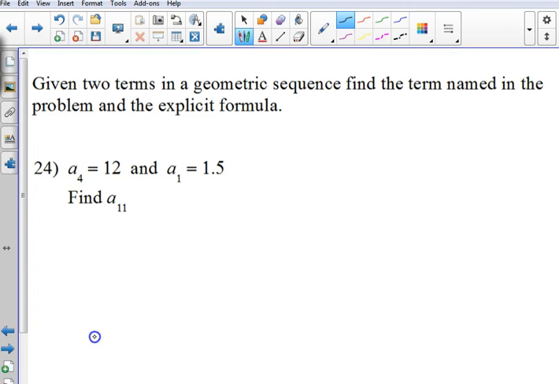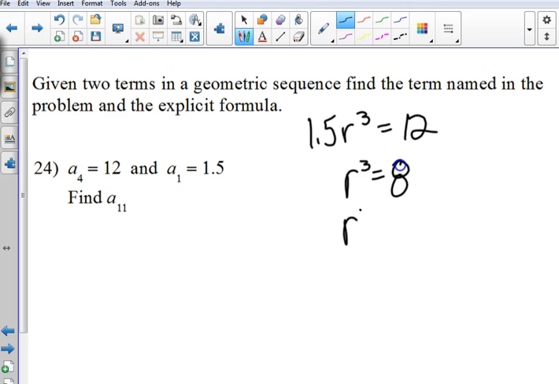All right, let's try this. Oh, we're going to skip this one. Why am I going to skip this one? Anybody see? They already gave us the first term, right? That's the easy ones. Is that the last one? Oh, well, I'll do it then. Help me write it. 1.5 times r 3 times is 12. R cubed is 8.